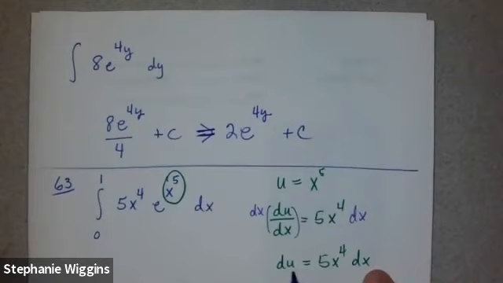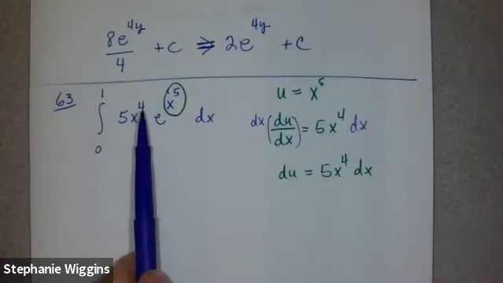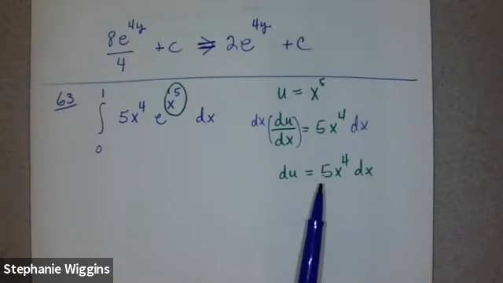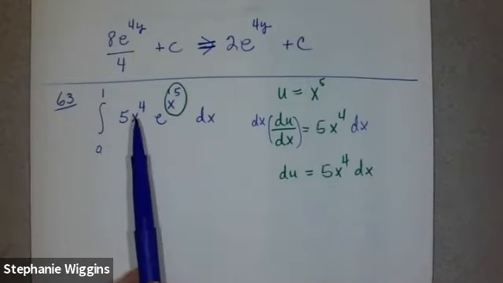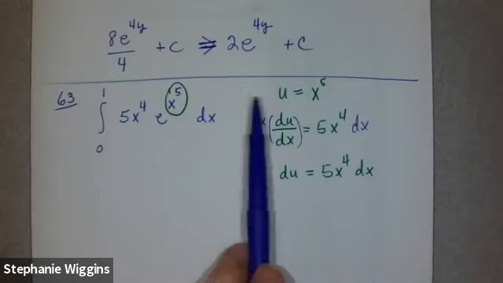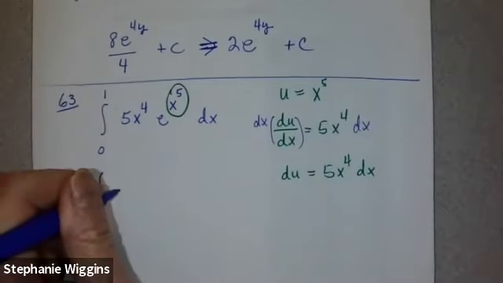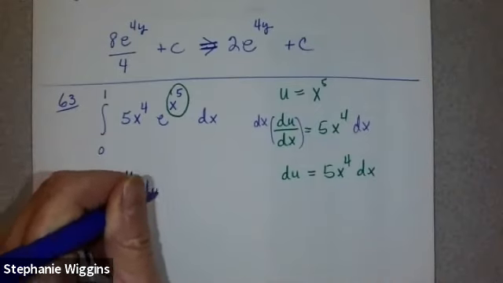And this is what I get. Now, what I see here is 5x to the 4th dx, and that's exactly what I have here. So I can just replace this with du, and then I replace this with u. So I get this integral, and it's e to the u du.